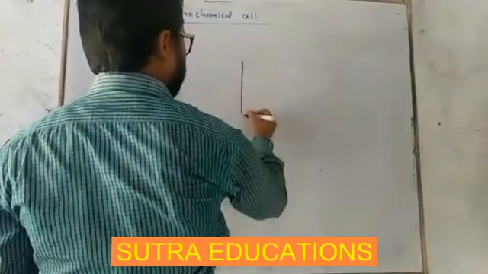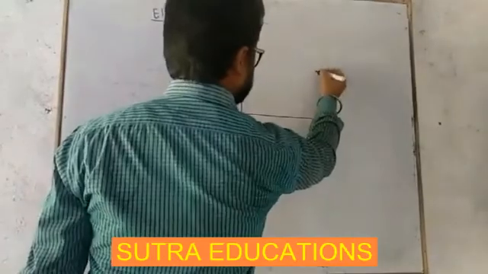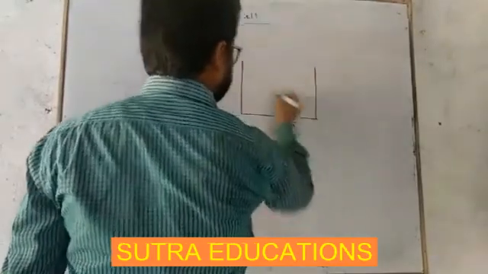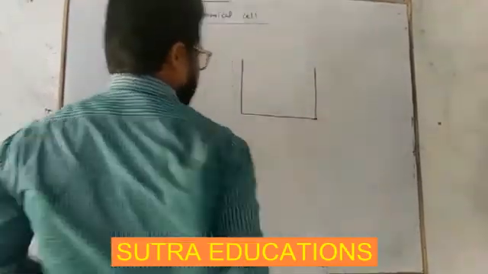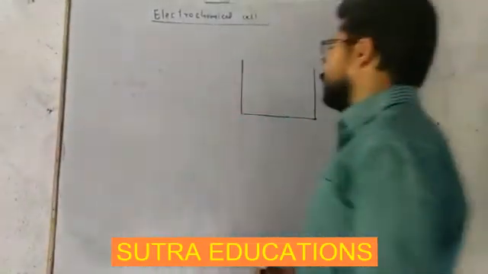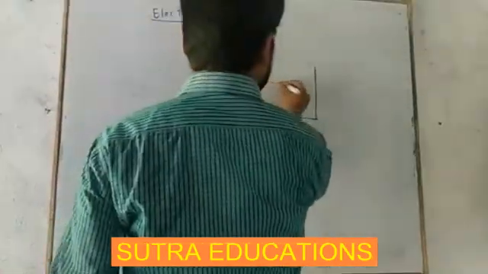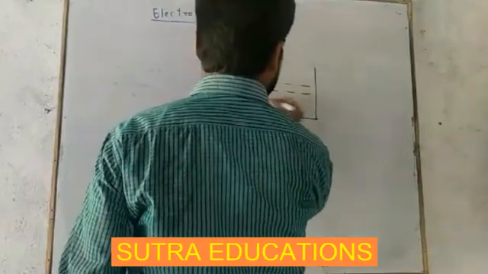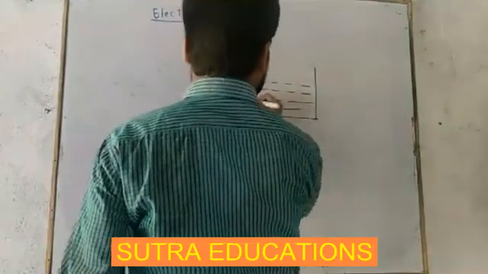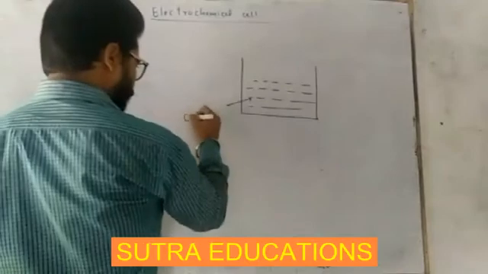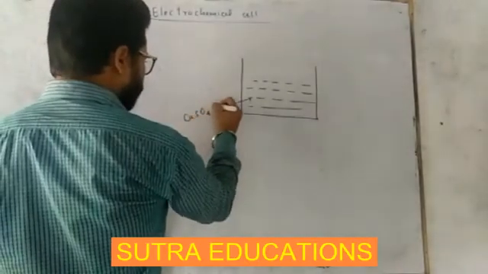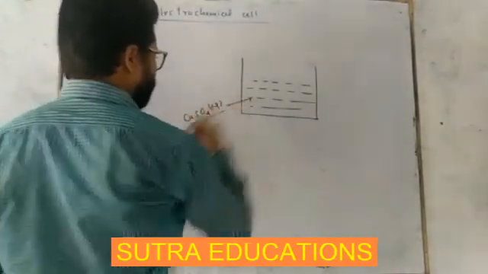What is this? Take one container and in this container just fill aqueous solution of copper sulfate. So here copper sulfate, which is aqueous, is filled in this container.